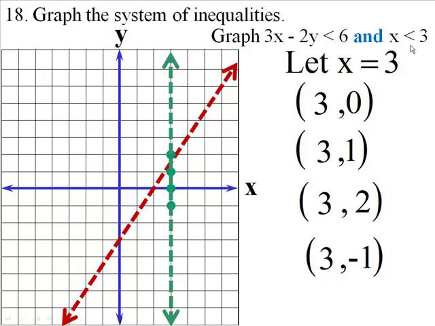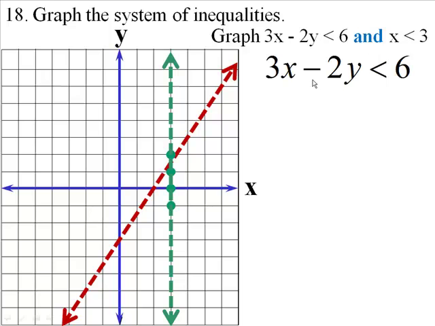Now we have to figure out which part of these we have to shade in. Notice the word and here. That's going to have a big impact upon our graph. Let's take our original inequality and use a test point. Let's use the origin and see if the origin works. I'm going to shade on top of the red line if the origin works. If the origin doesn't work, I'm going to shade below the red line.